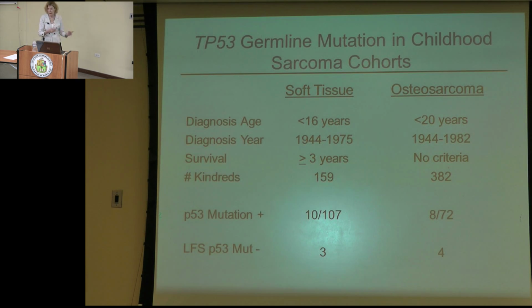So now we've been following some of these families for more than 50 years. So we've had time to see changes that may occur in families. At any rate, this is the number of kindreds and the total for numbers of families, but because survival was so poor for osteosarcoma, we don't have samples on very many of those original patients.